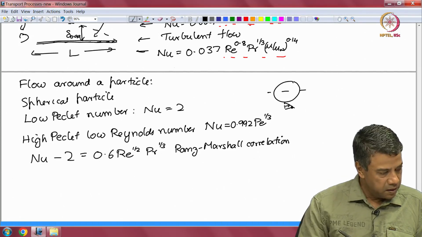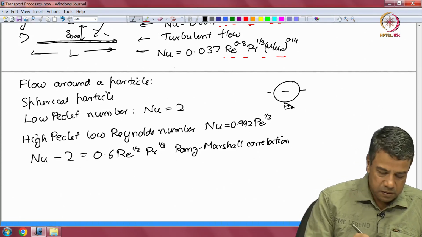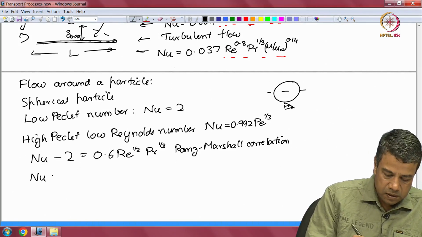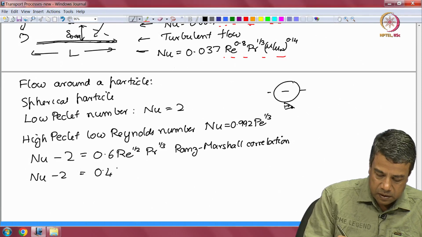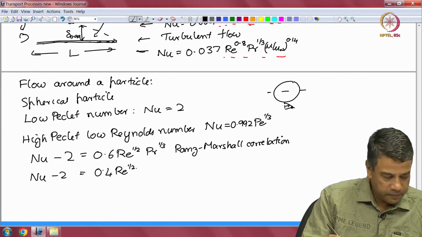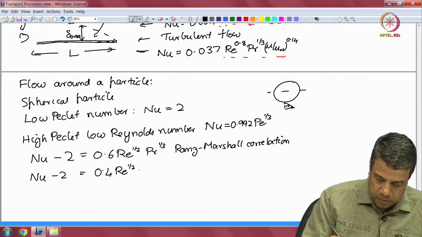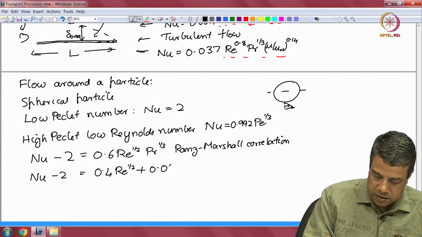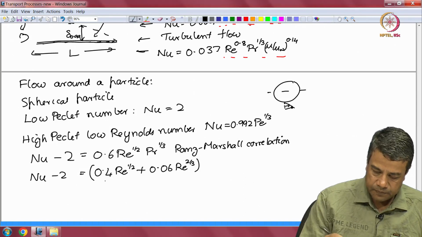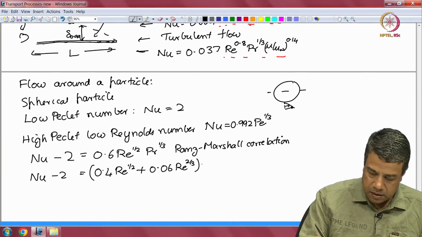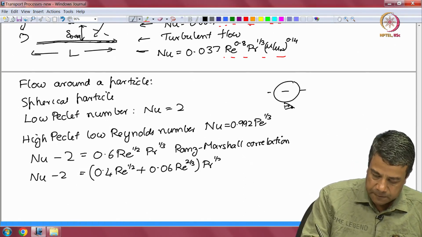Okay. And there is a more detailed correlation which is Nu minus 2 is equal to 0.4 Re^(1/2) plus 0.06 Re^(2/3), times Prandtl number^(1/3).